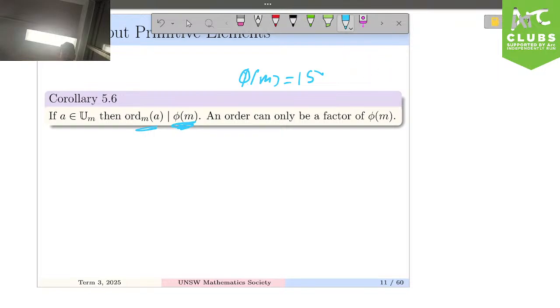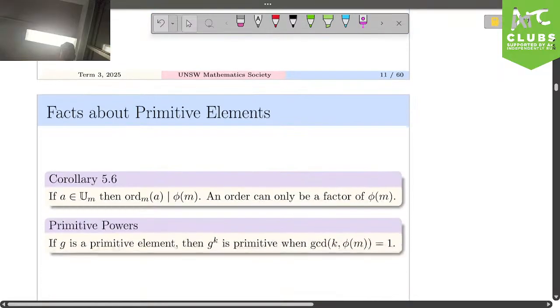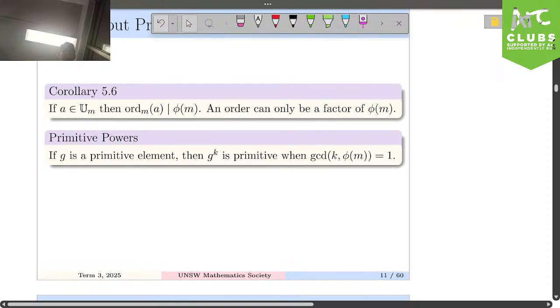I only use this because that's what's going to happen in BCH coding. Then we'd have to check if A has order 3. Is that equal to 1? Is A to the 5 equal to 1? If not, then we could say, oh, it's a primitive element. If it's invertible and its order is not a factor of phi of m, then it must be primitive.